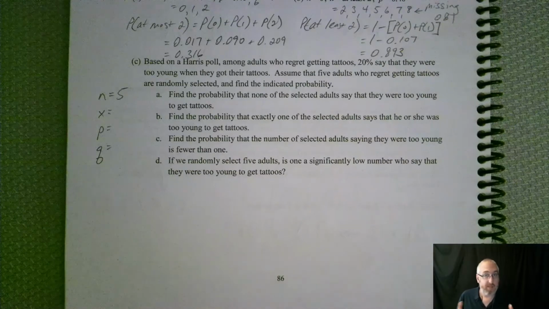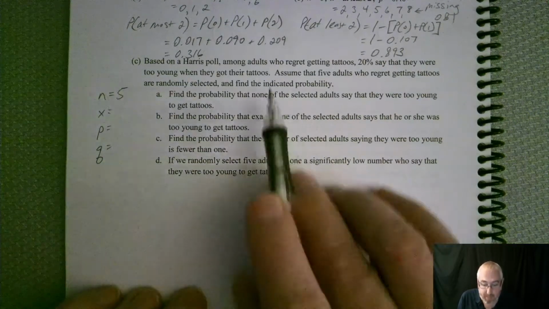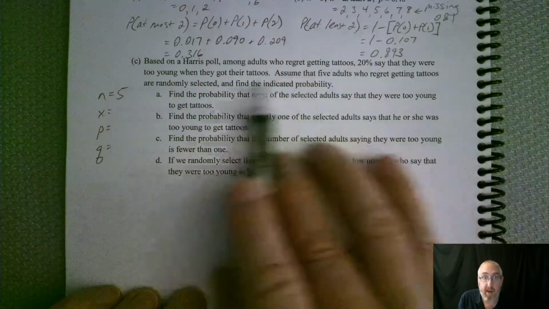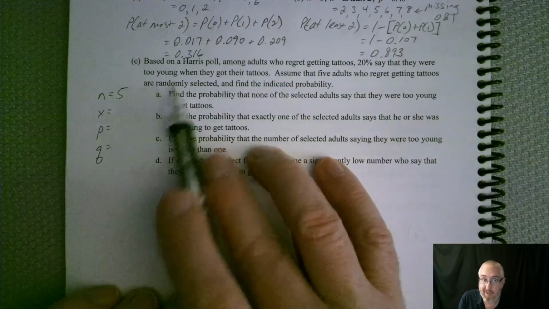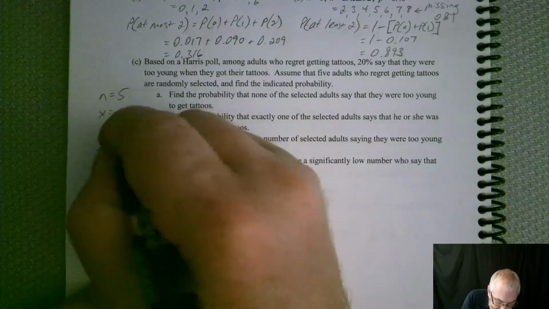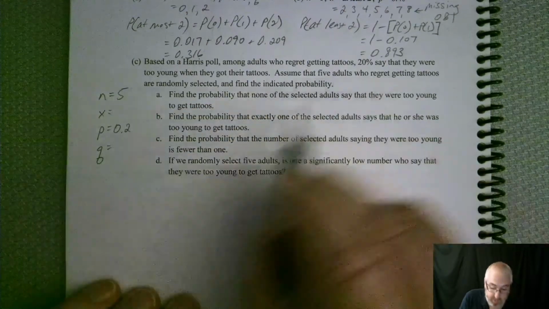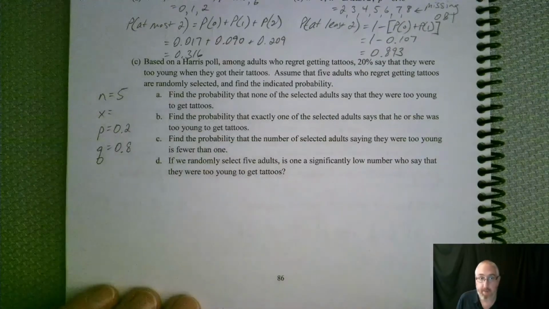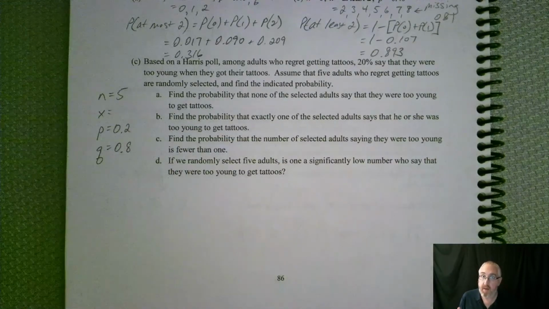So remember, success in this case means that people regret getting tattoos. So 20% are regretting it. So that is going to be our 0.2, which is 20%. And so Q must be the other 80%. So those are our fixed variables for each of these parts.